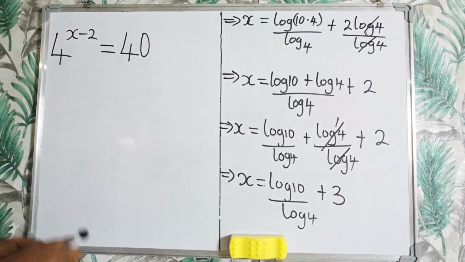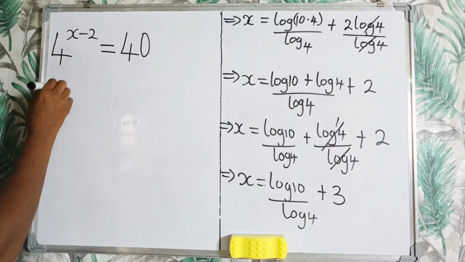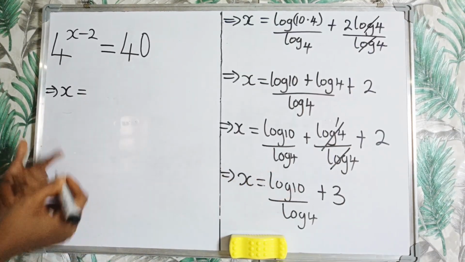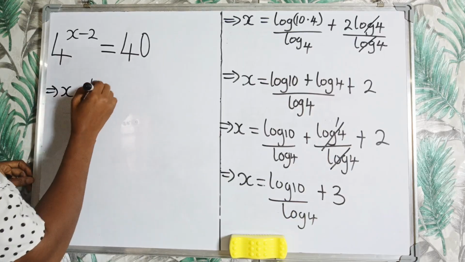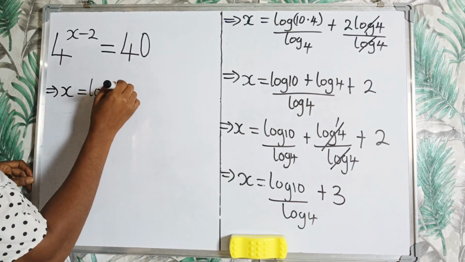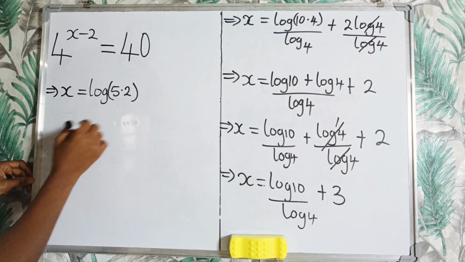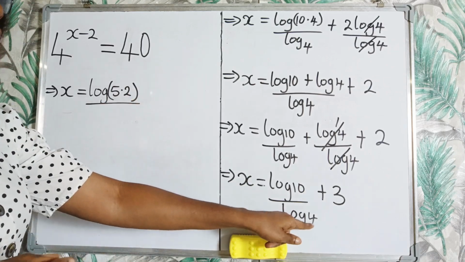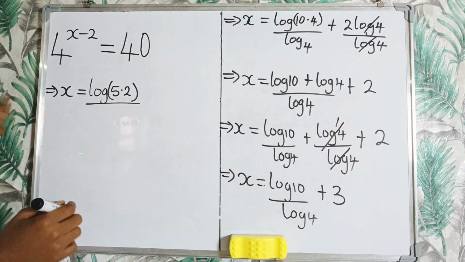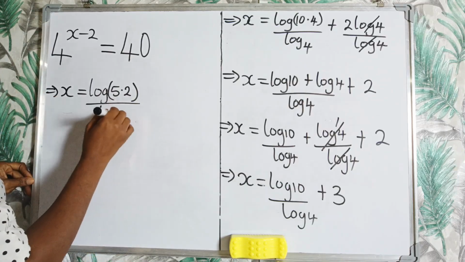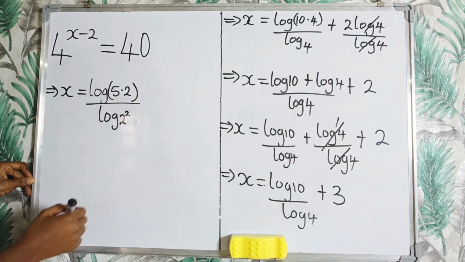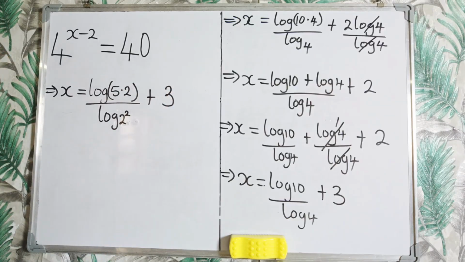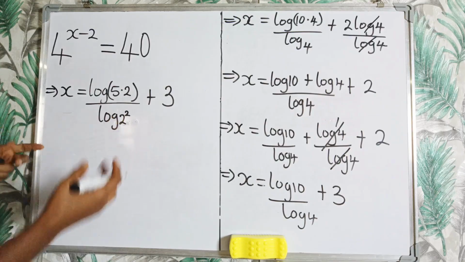So from here we have x is equal to, 10 can be expressed as 5 times 2. So we have log 5 times 2, okay, divided by log 4. 4 can be expressed as 2 square, all right? Log 2 to the power of 2 plus 3. Now remember the law we have applied over and over in this question.